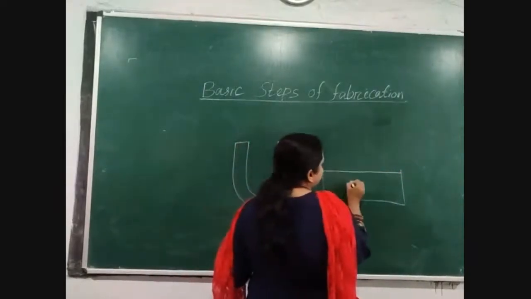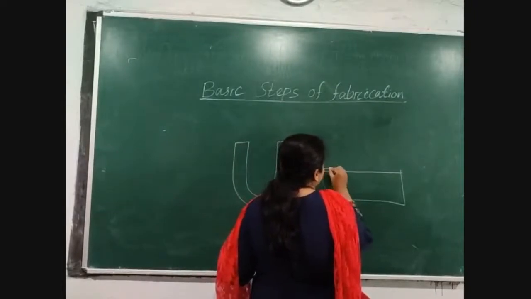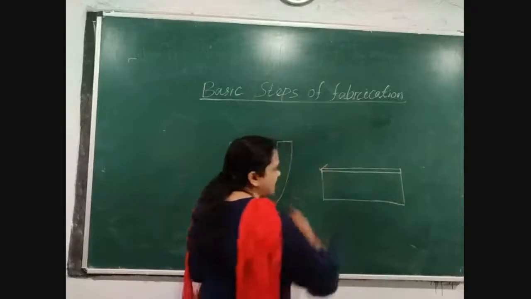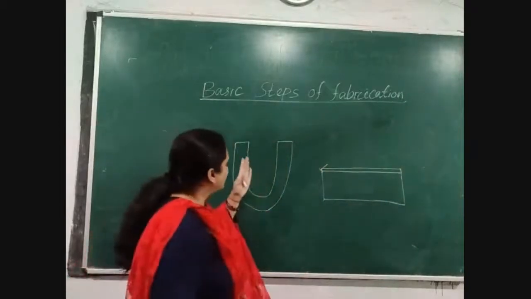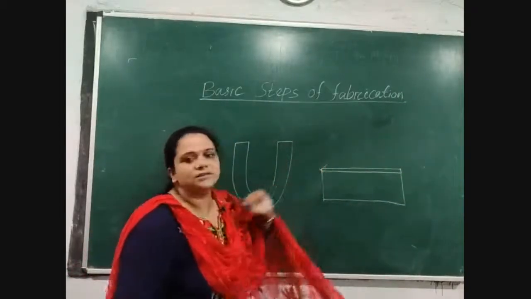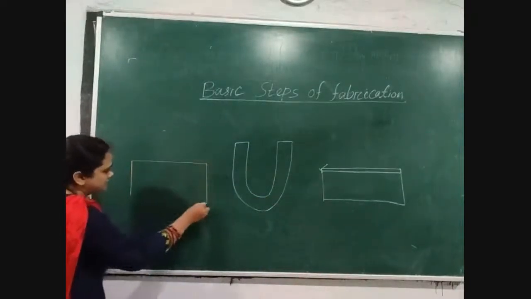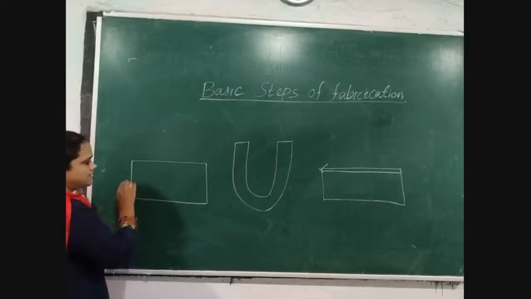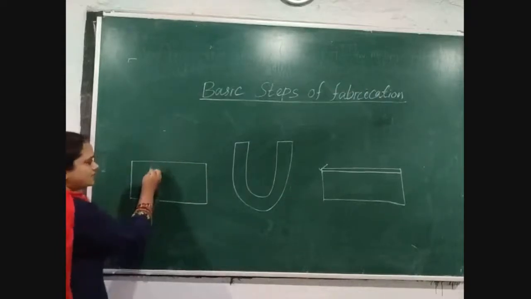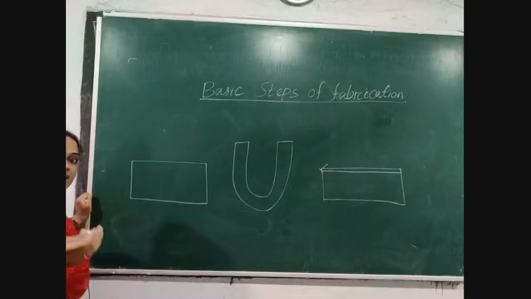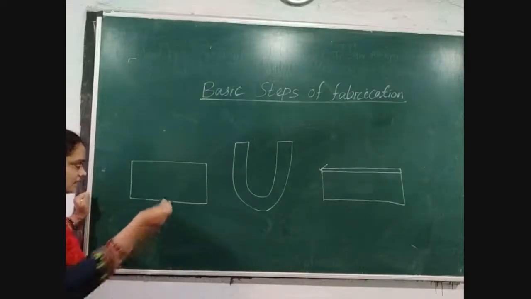If this one is the chip or wafer and on that wafer this one is the layer, then we create this pattern on this layer. So assume this as the top view of the layer in a rectangular shape. On this shape we create that pattern, or we can say we transfer the pattern.